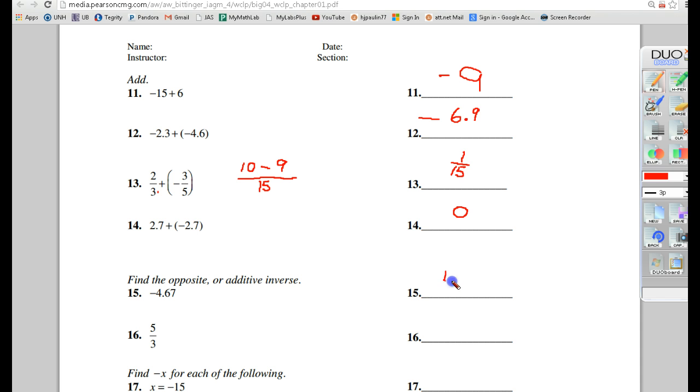So 15 will be 4.67. 16 will be a negative 5/3. Again, if you add these two together, the results would equal 0.